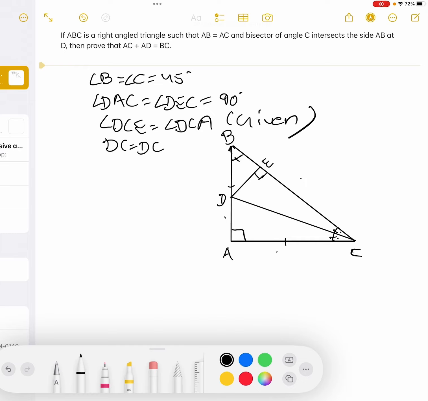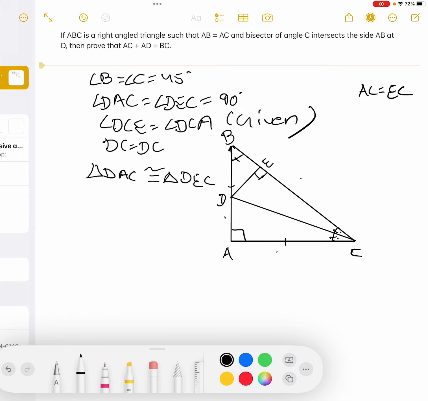So in the end, we see that triangle DAC is congruent to triangle DEC. So after proving both these triangles congruent, we can say that AC is equal to EC.